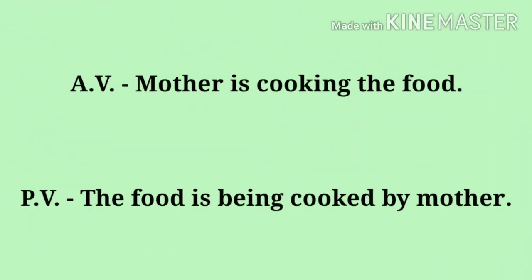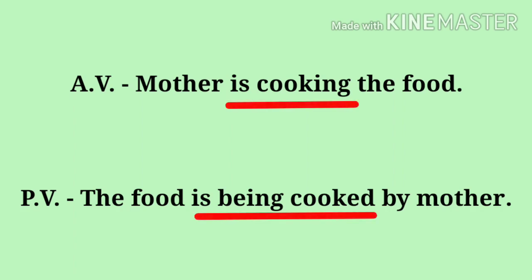Let's see a sentence example. In active voice, Mother is cooking the food. And in passive voice, it changes to the food is being cooked by mother. So we see is cooking changes to is being cooked.